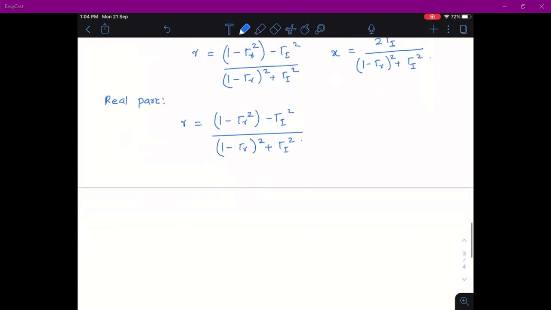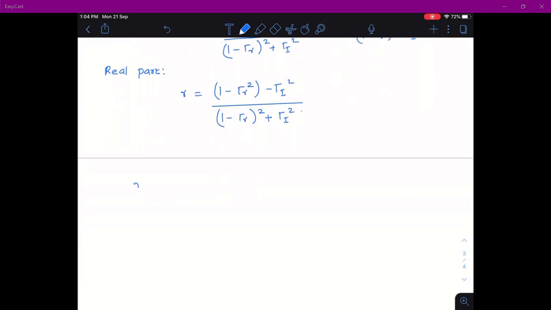Fine. Now let's cross multiply. So you get r multiplied by ((1 − τr)² + τI²) is equal to 1 − τr² − τI².